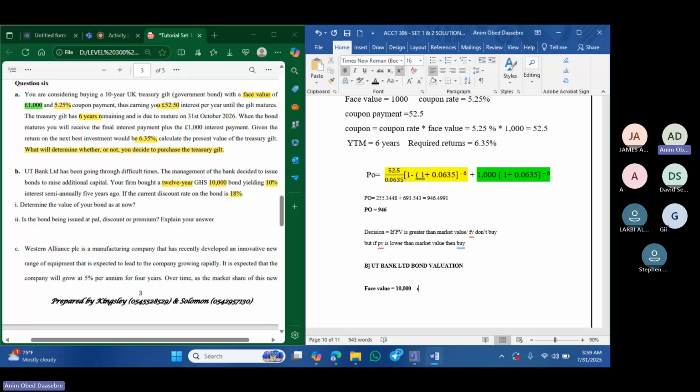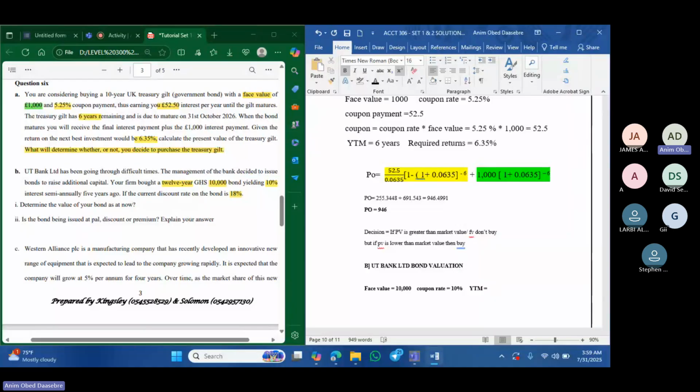What again? Coupon rate, 10%. What else? Yield to maturity is also 7 years.